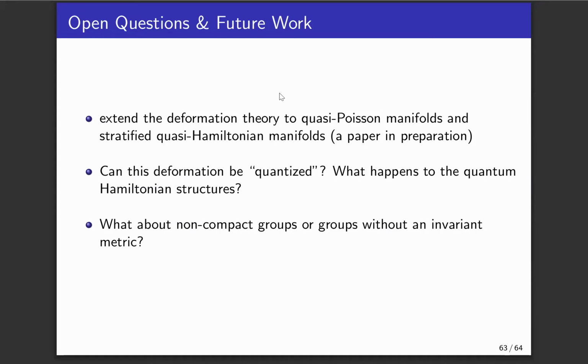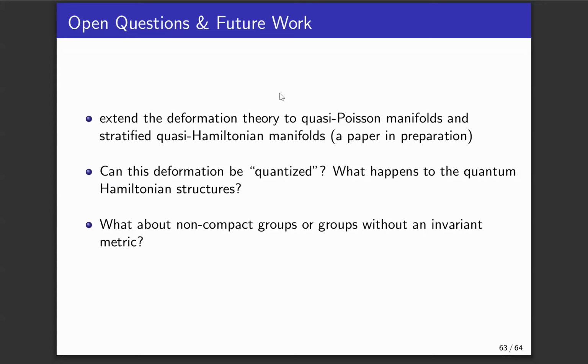This is the first setting, and the second one is about stratified quasi-Hamiltonian manifolds. If we have some singular quasi-Hamiltonian manifolds, and we also have stratified Hamiltonian manifolds, how can we define a similar theory to deform a singular quasi-Hamiltonian manifold to some singular Hamiltonian space?